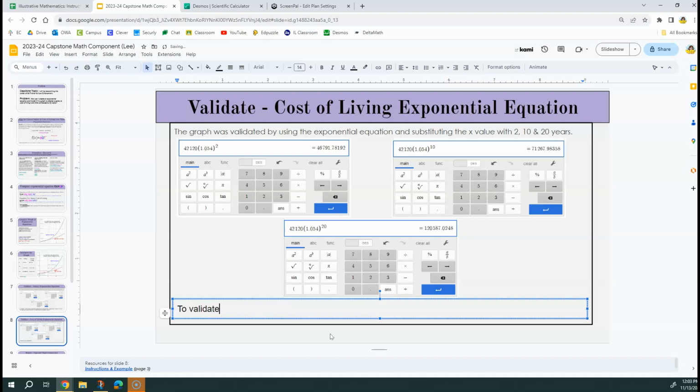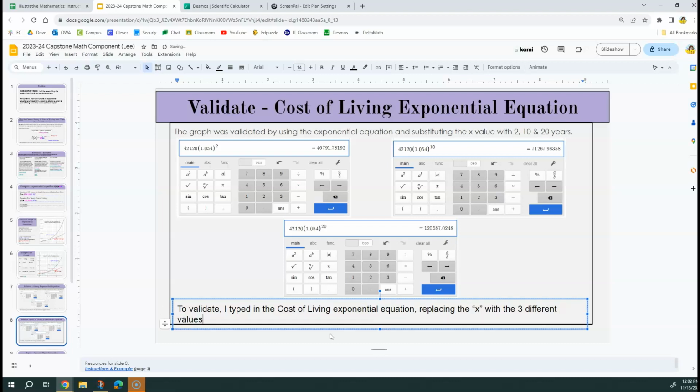To validate, I typed in the cost of living exponential equation, replacing the x with the 3 different values, and those values were 2, 10, and 20.